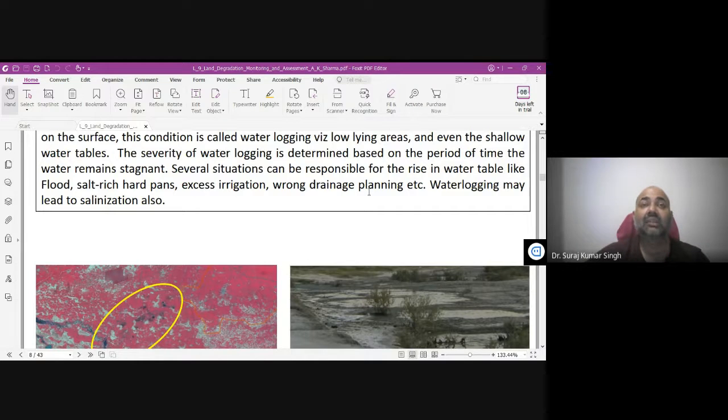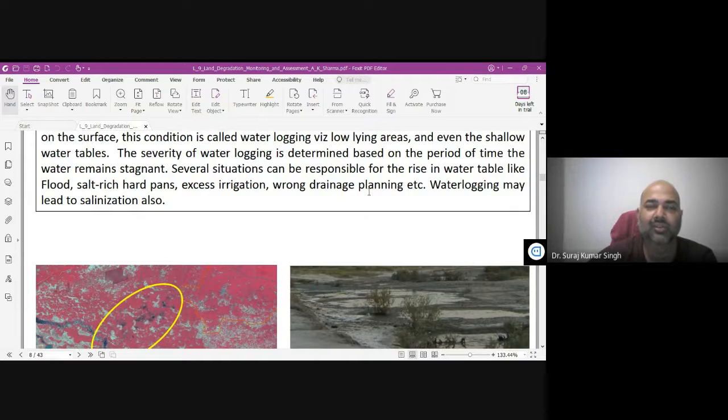And that is most commonly happening in the areas, especially the IGNP, the Indira Gandhi Nahar Pariyojana canal irrigation system, that was introduced in India with a vision and mission to increase the productivity of land for cultivation, agriculture, and drinking purposes in the desert area.